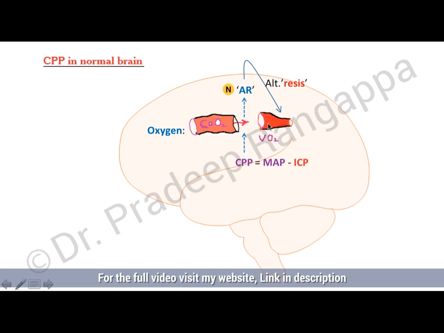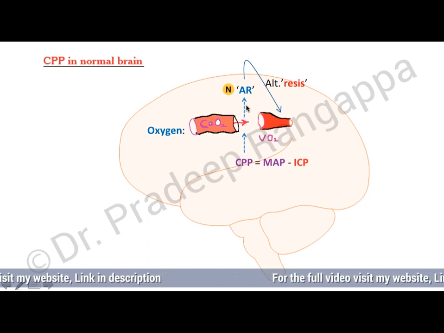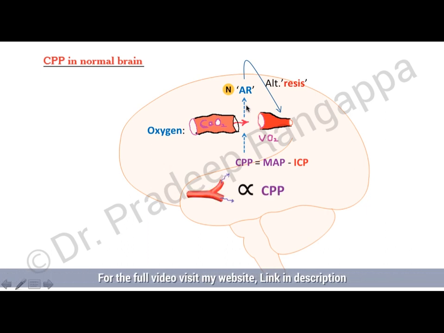So there are normal autoregulatory mechanisms, and how effectively this autoregulation is happening will determine the effectiveness of cerebral perfusion pressure. It is not like cerebral perfusion pressure has a direct linear correlation with cerebral blood flow, because another important determinant of cerebral blood flow is the autoregulatory mechanisms present in the brain.